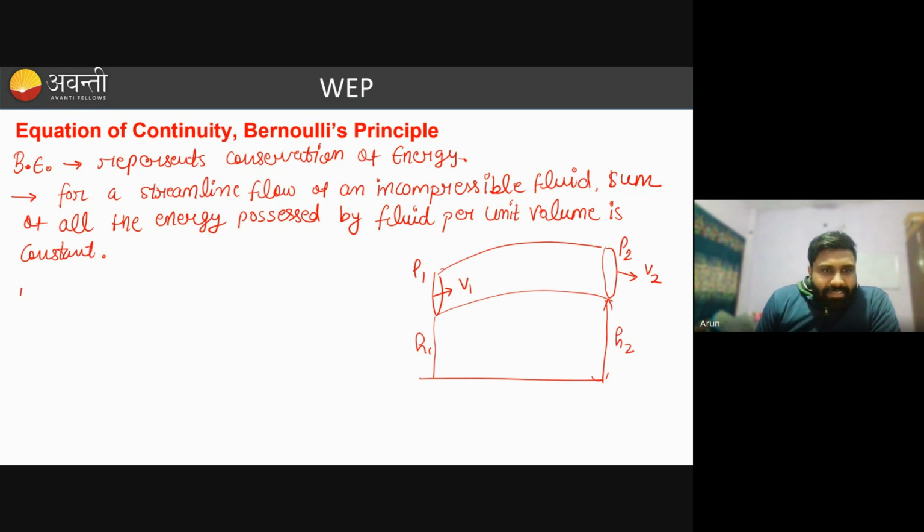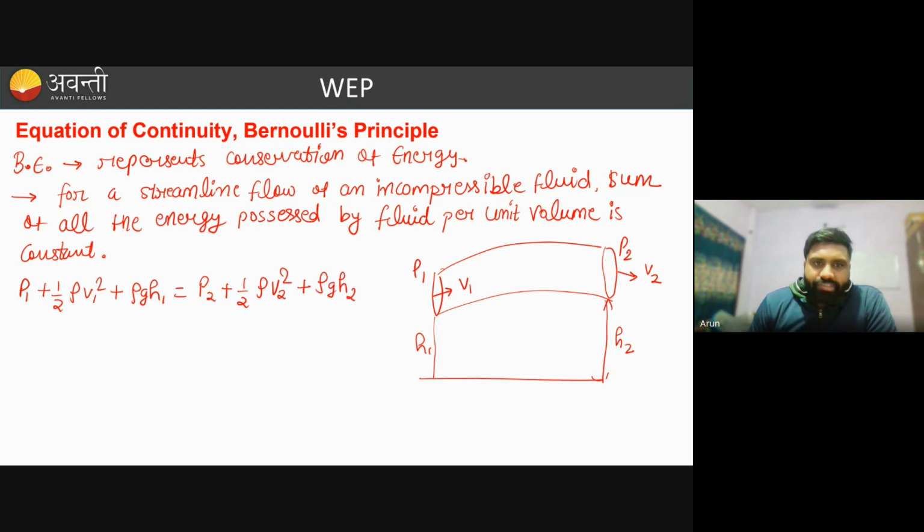So we can say that p1 plus 1 by 2 rho v1 square plus rho g h1 is equal to p2 plus 1 by 2 rho v2 square plus rho g h2. I will explain what these terms are. This is Bernoulli's theorem, or Bernoulli's principle.